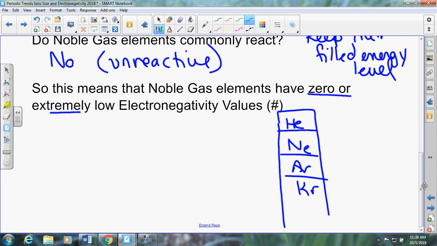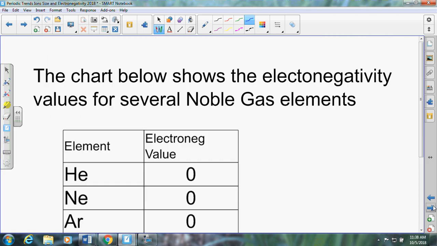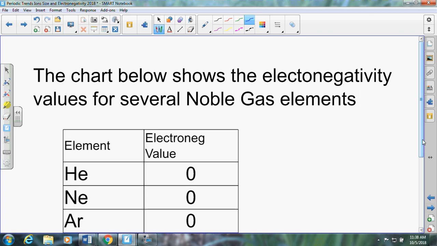I am now going to forward the slide. In your high school book and in most books, you are going to see that the electronegativity value for these elements is zero. This is important to point out.